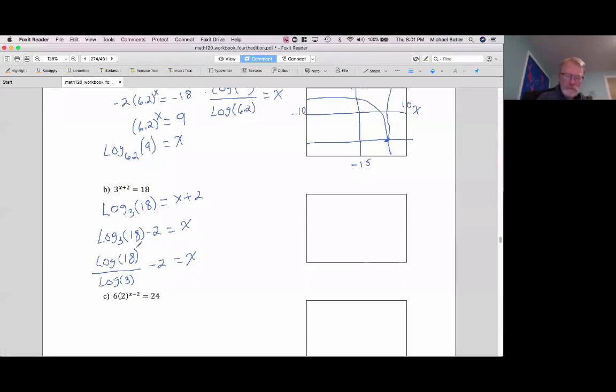What did you do? I basically did the inversion. So I said logarithm base 3 of 18 equals x minus 2. Equals x minus 2? Mm-hmm.